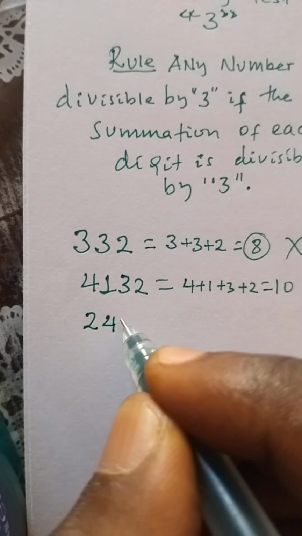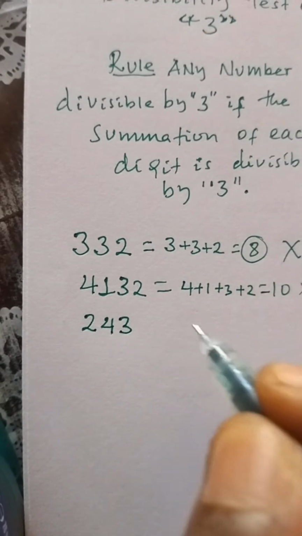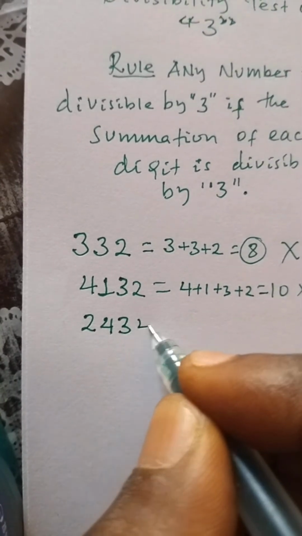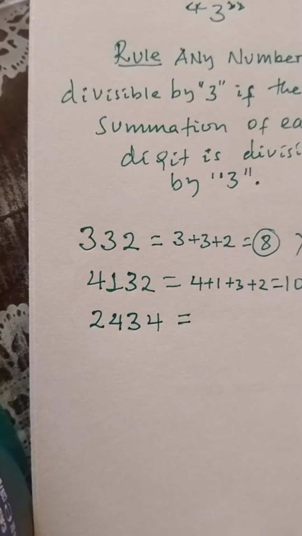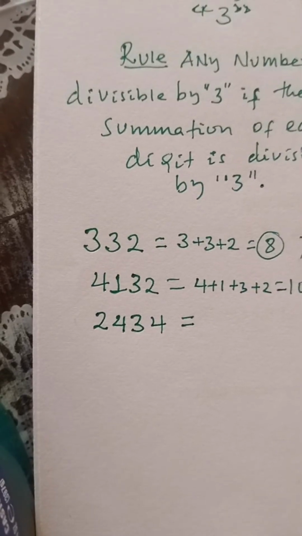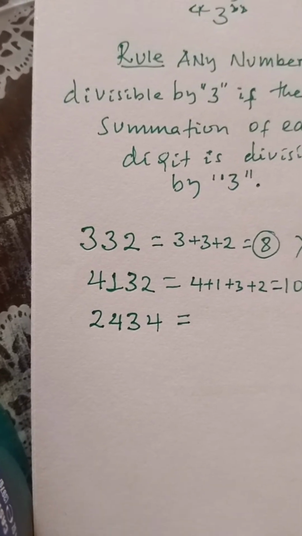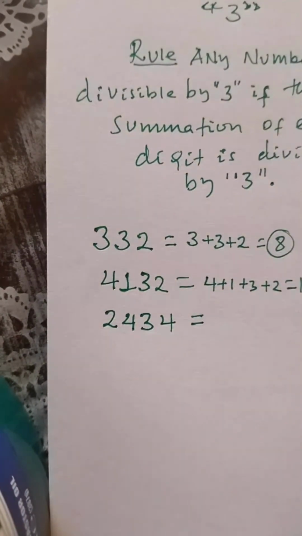Another example, let's take 2434. Let's take this number to check whether it is divisible by 3 or not.